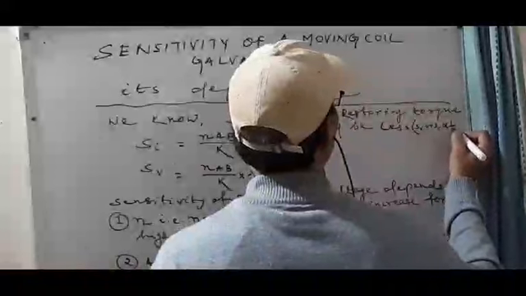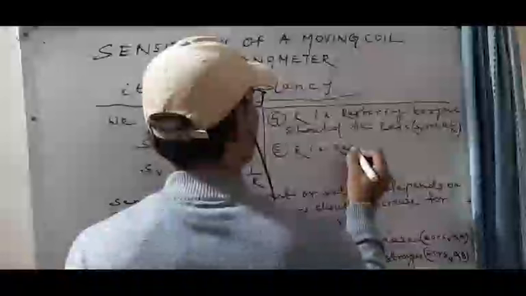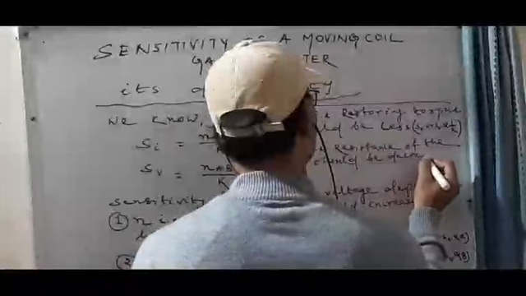Why less? Because SI or SV is inversely proportional to K. And the fifth one is R, that is, the resistance of the coil should be decreased, as SI or SV is inversely proportional to R.